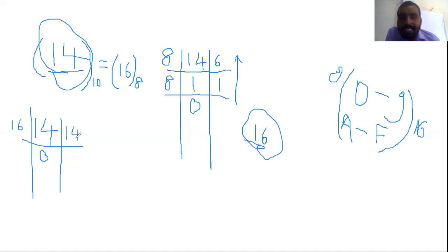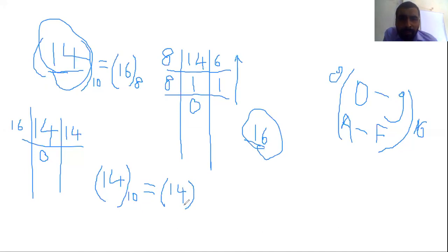So you can say 14 of decimal, that is base 10, is equivalent to 14 of hexadecimal. The same thing in decimal is in hexadecimal also.